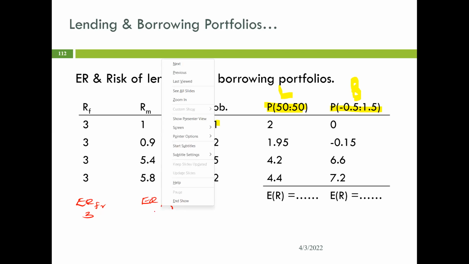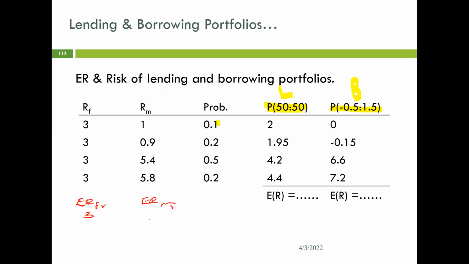The expected return of the market you can calculate using the probabilities, multiplying each return by its probability and summing them up. So this will give you the expected return of the market.